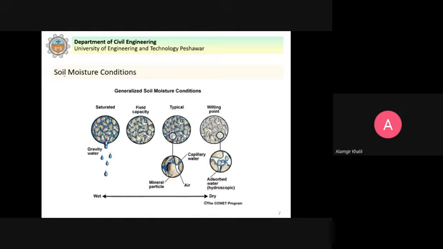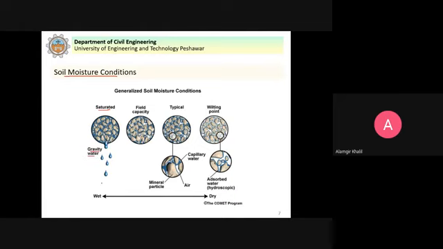So you can see here soil moisture conditions. When water is supplied to the soil and it is fully saturated, some of the water will percolate downward due to the effect of gravity.